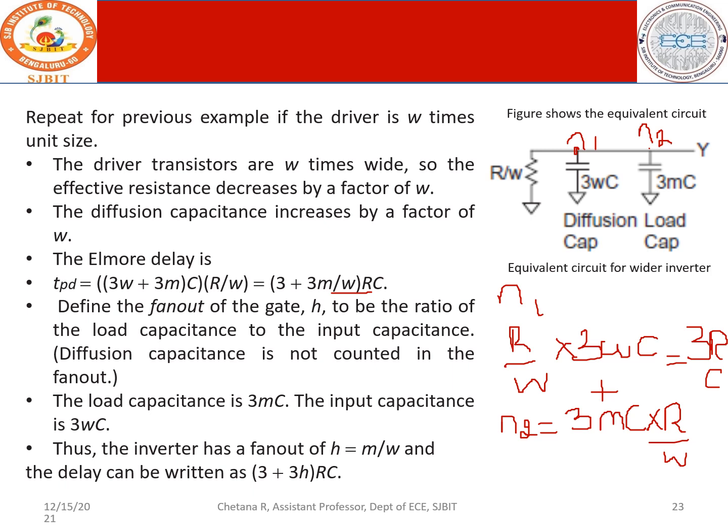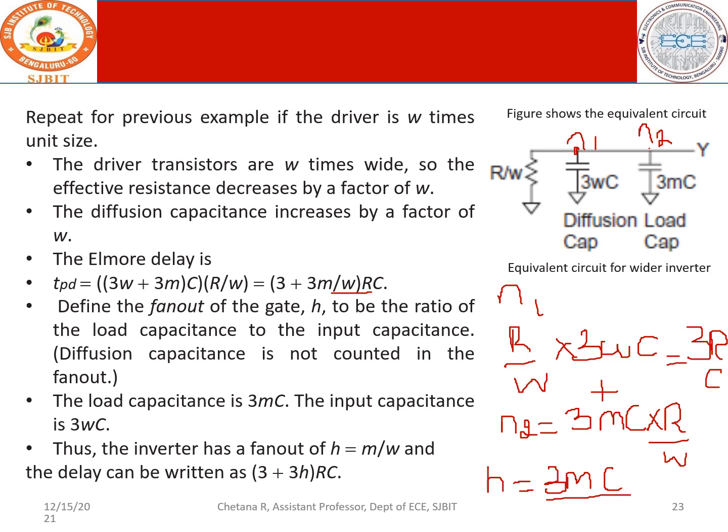So define the fan out of a gate. Fan out is given by the ratio of the load capacitance to the input capacitance. We call the fan out H. H is the ratio of the load capacitance, which is 3MC, to the input capacitance.